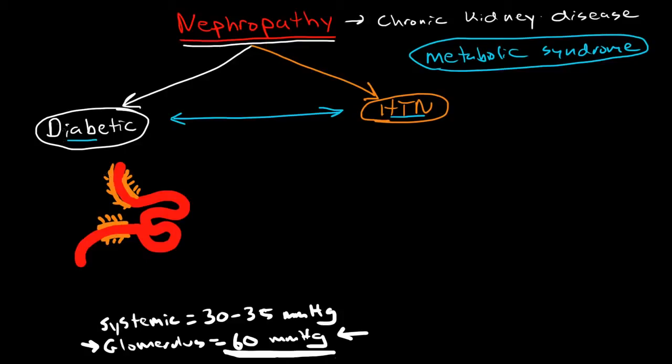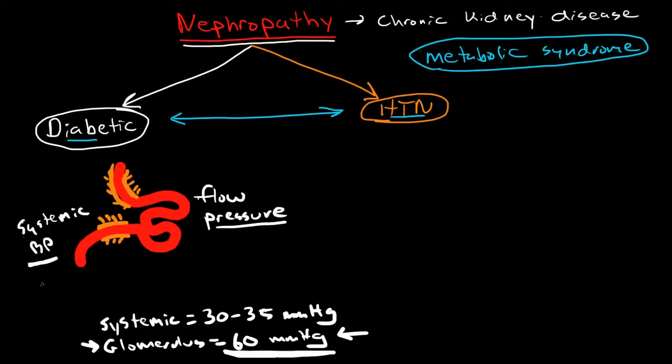Now that allows us to have exquisite control over both flow and pressure in the glomerulus. So we can keep this pressure in a very narrow range, irregardless of systemic blood pressure.